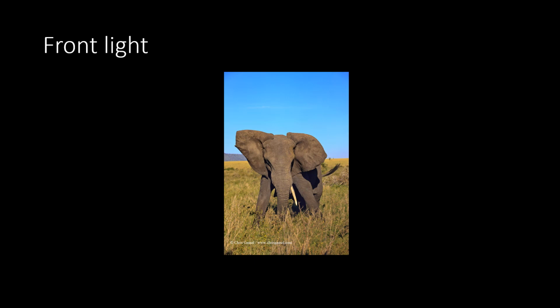The shadows are going to fall behind the subject, and a lot of the times the shadows are going to become hidden by the form itself. This is one of the faults of front light. It makes your subject look more 2-dimensional than 3-dimensional.